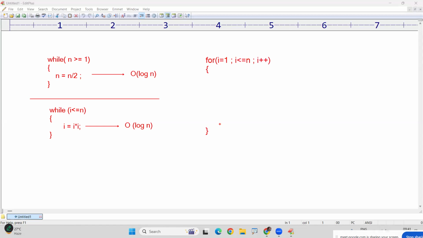Suppose inside this, I have written this while loop. Up to n times we are repeating. Every time multiplied with j. Directly I'm writing, to make you understand, j less than or equal to n, j equals j into 2.